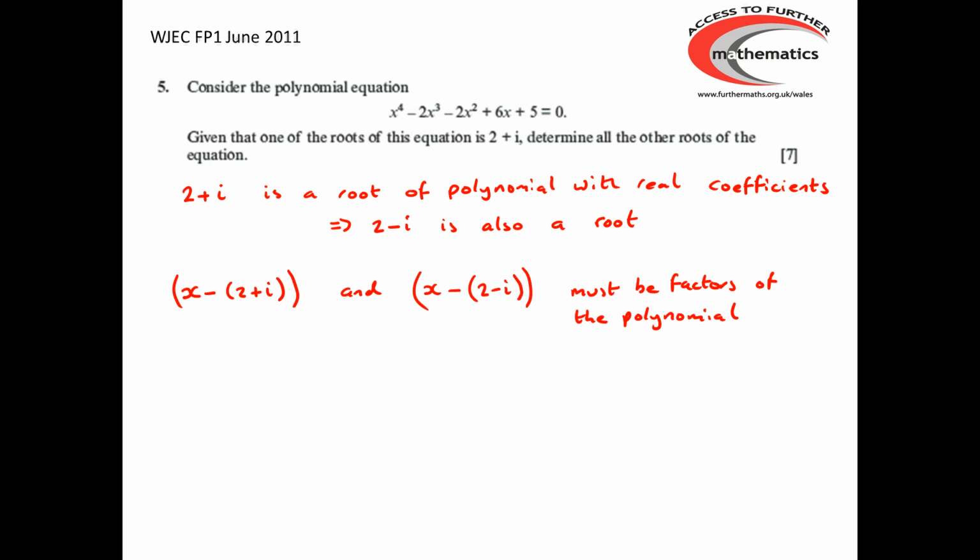So that means that x take away 2 plus i and x take away 2 minus i must be factors of our polynomial. And if we put those two factors together, we can say that x minus 2 minus i times x minus 2 plus i must be a factor of the polynomial.